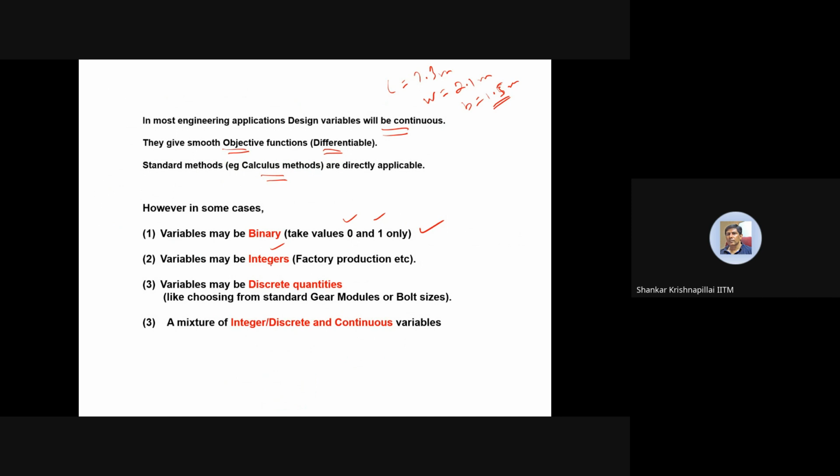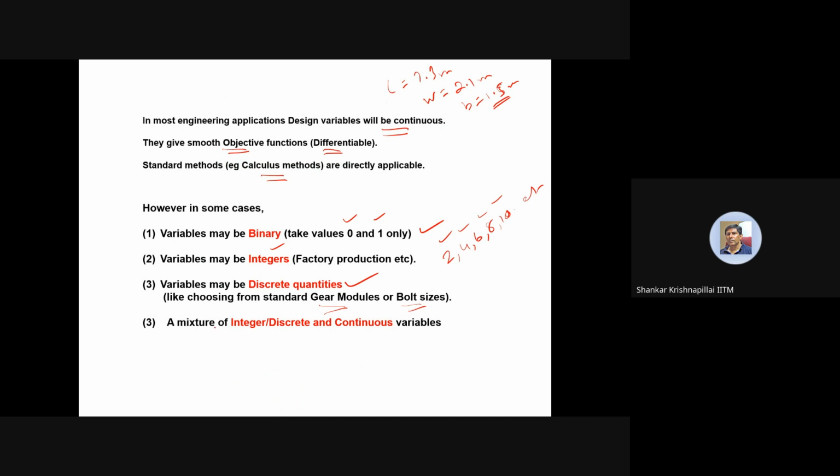Some variables may be discrete quantities, like choosing standard gear module or standard bolt sizes. Gear modules may be like 2, 4, 6, 8, 10, etc. So you can only choose between these values.